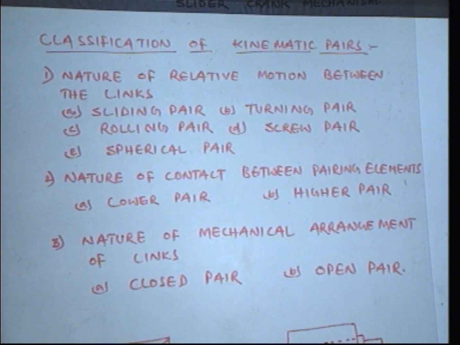They maintain contact either due to force of gravity or by spring action. In general, higher pairs are unclosed, that is open. A cam and follower stands as an example for unclosed pair. I hope you have understood the classification of kinematic pairs.